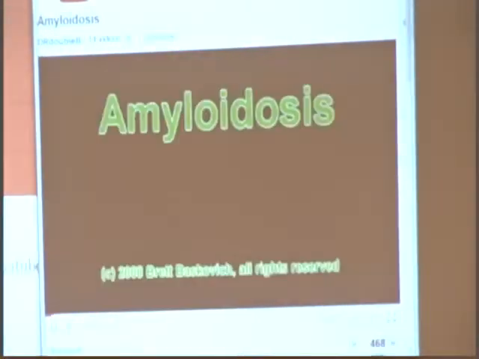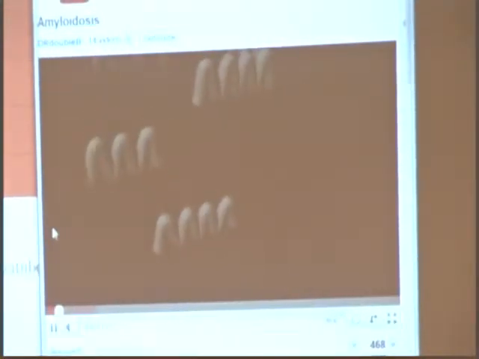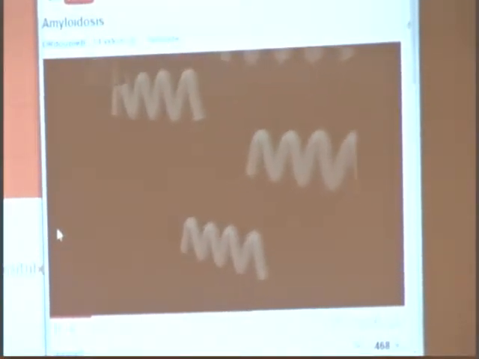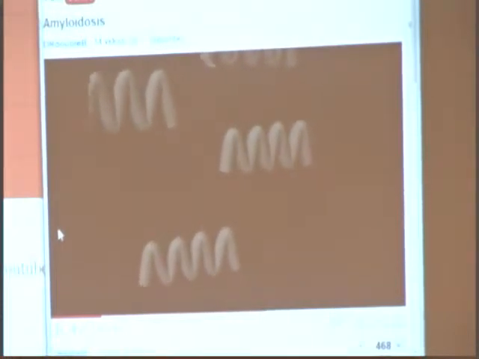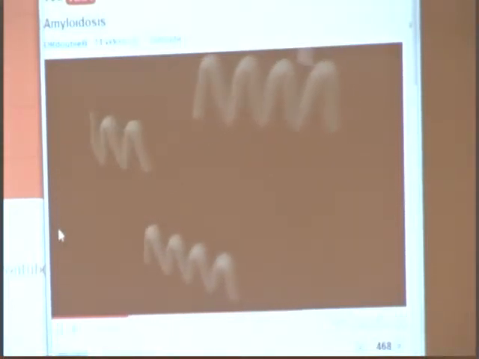This just shows how the amyloids form complexes. Each of these is an amyloid, and they're attached to one another to form a complex.